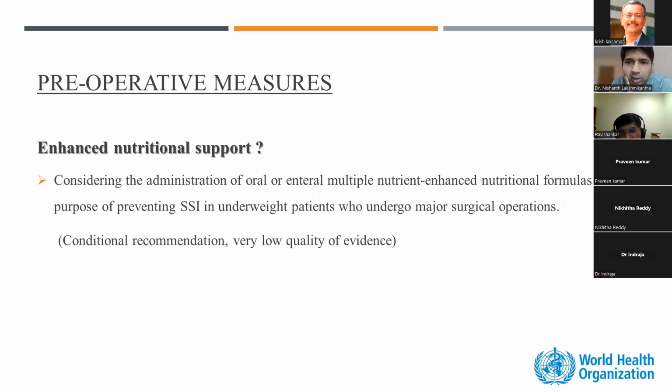See, because wound infection and such things are multifactorial. You cannot show this one factor to be the difference between whether the patient has infection or not. So you may not be able to prove whether a malnourished patient will have more surgical site infection compared to one who doesn't, or whether supplementing nutritional support before surgery would prevent it.